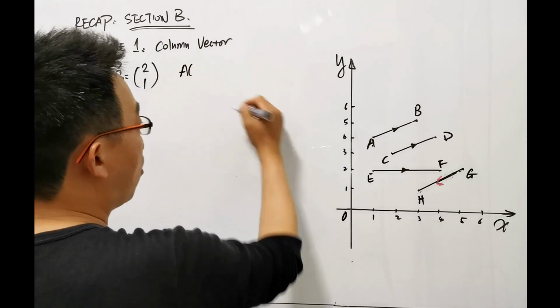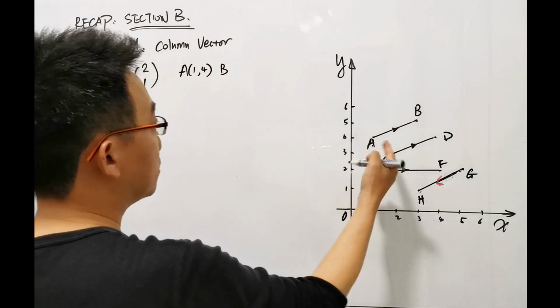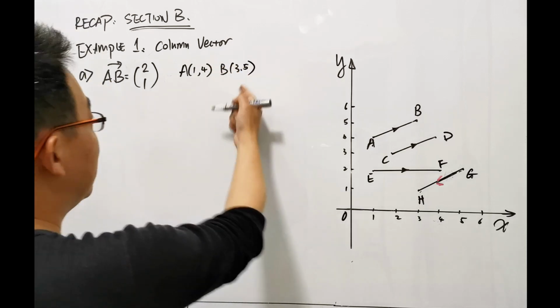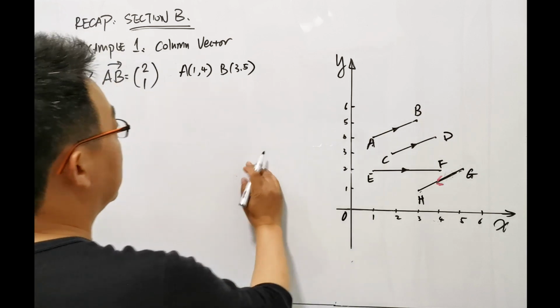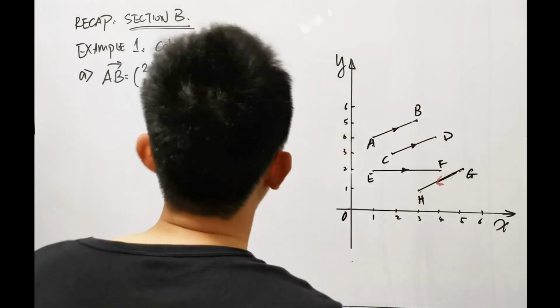Okay, for A, what's the coordinate? So 1, 4, right? And B, what's the coordinate? 3, 5. Okay, so in this case, because it's moving from this coordinate to this coordinate, we just use the final, the ending one, minus the starting one.